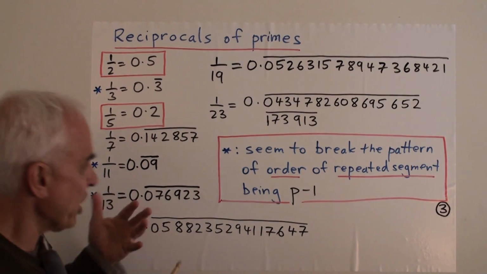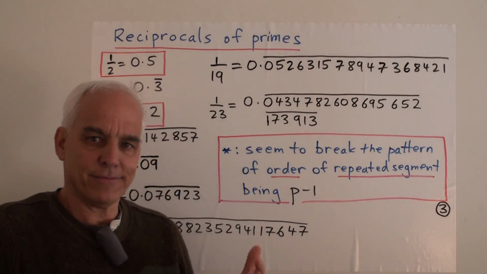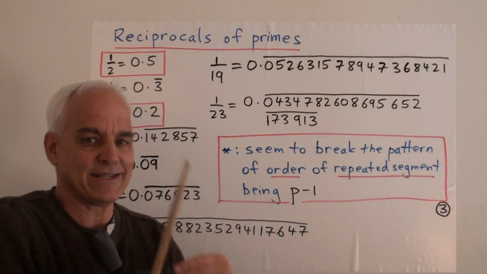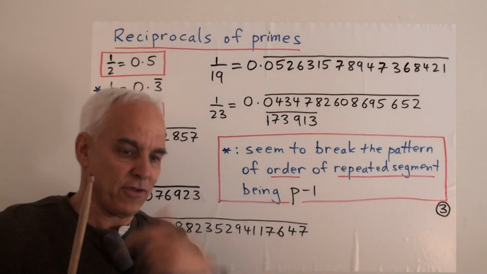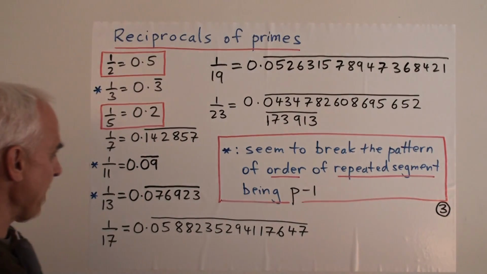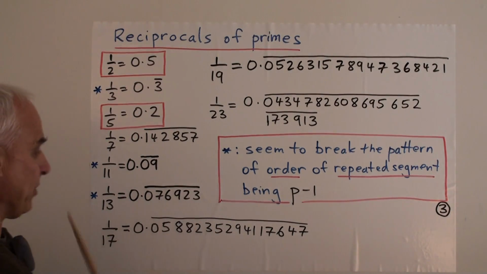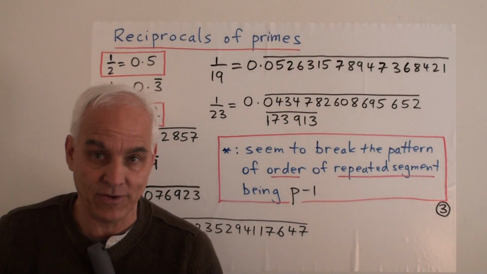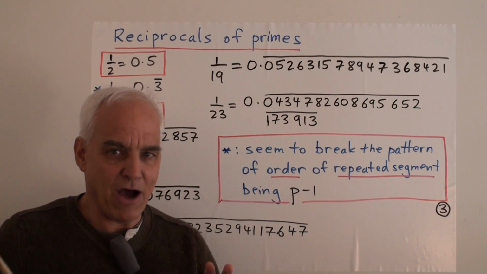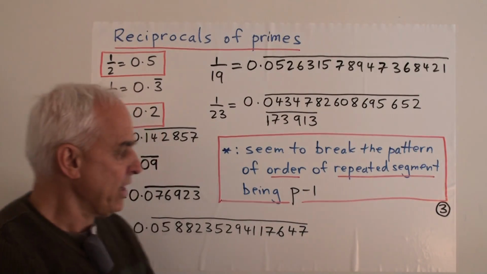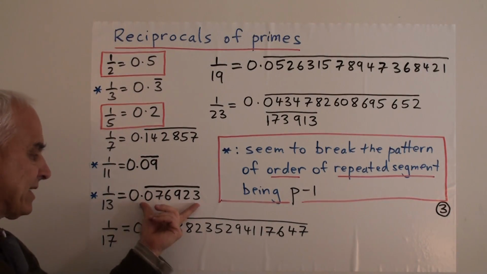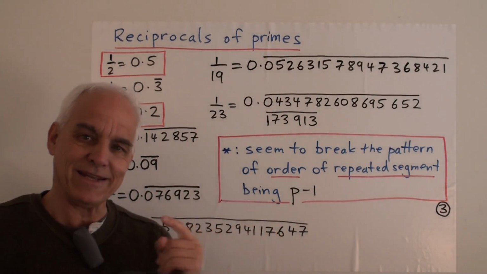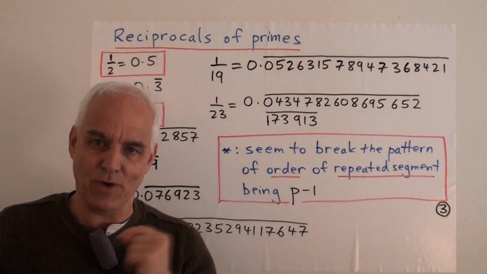So there's a general kind of pattern that often it's one less than the actual prime. That's the length of the repeated cycle. But it certainly doesn't happen all the time, because if that was the case, then we would expect a cycle of length 12 there. We only get a cycle of length 6. So something is breaking down, but still there's a kind of an orientation, and we observe that this 6 is not equal to 12, but it's a divisor of 12.